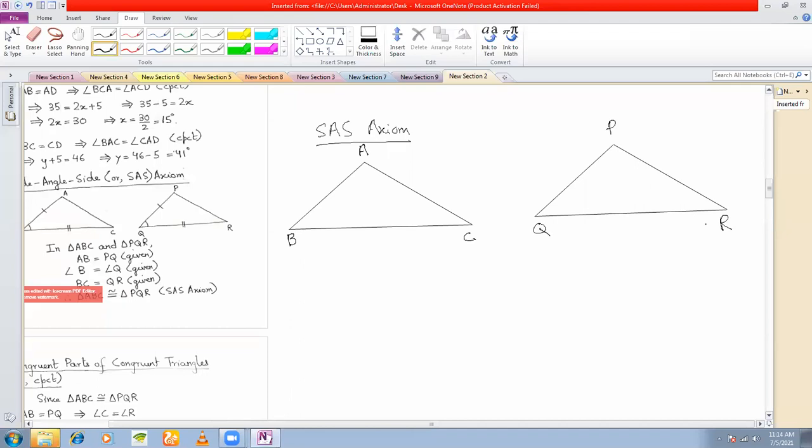Now in these two triangles, it is given to you, suppose that these two angles are equal. Any angle can be given to be equal, but one angle is given to be equal. Now what you will have to see is whether the included sides are given to be equal or not. Okay, so let's write this in triangle ABC and triangle PQR.